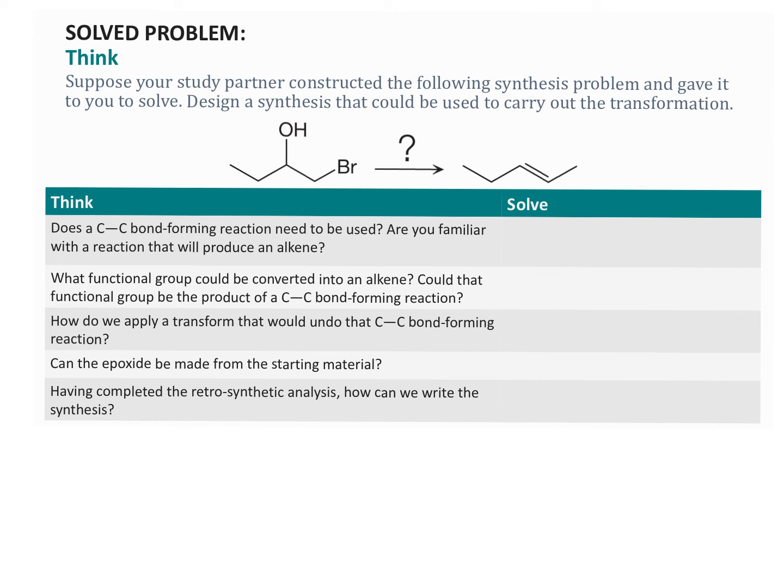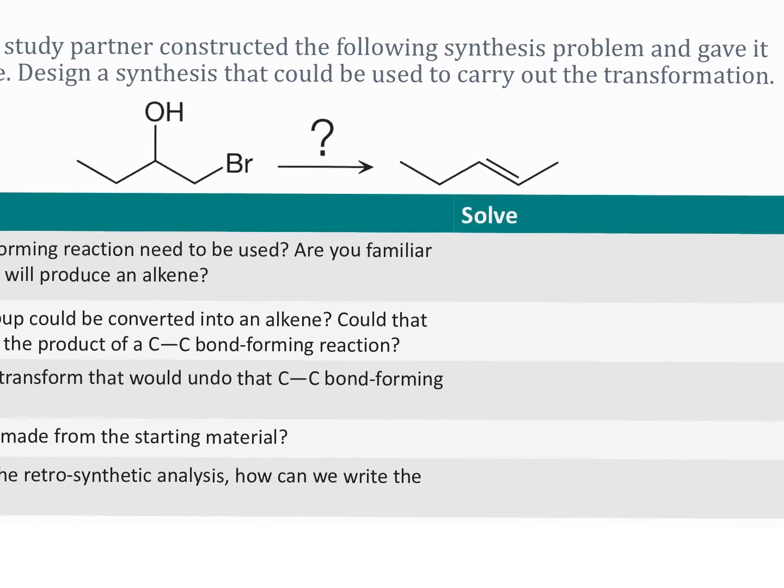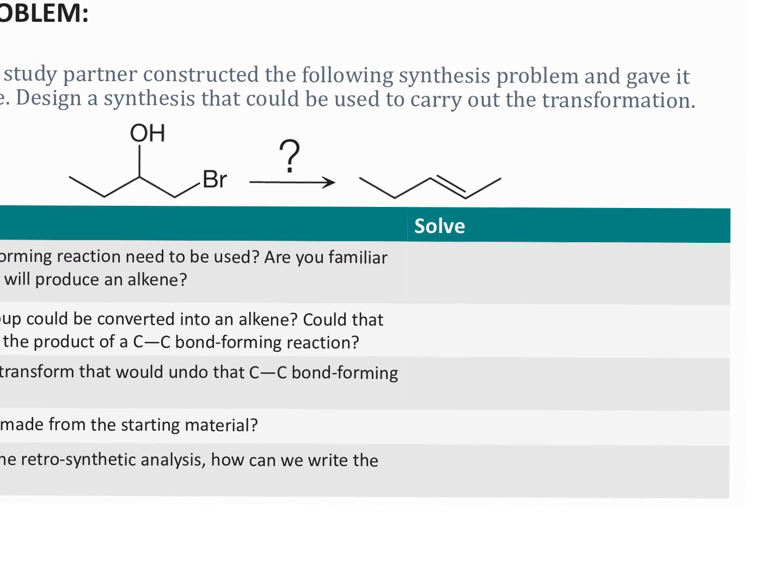So when we look at this, we say, okay, so we've got 1, 2, 3, 4, that guy, and we know that an alkene can be produced from an alcohol. And so the alcohol would look like this. And so that would be a dehydration.